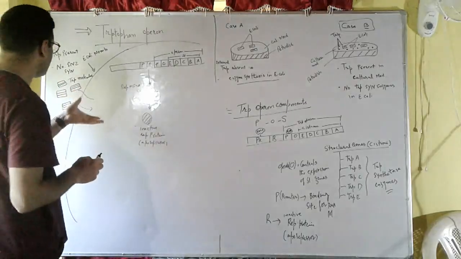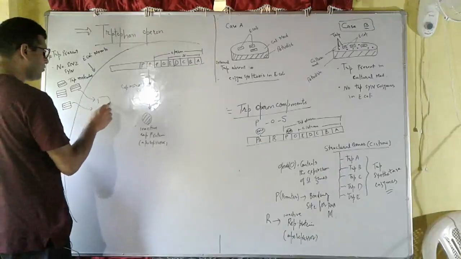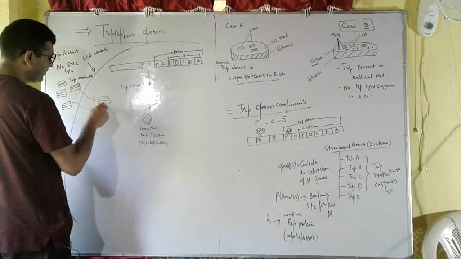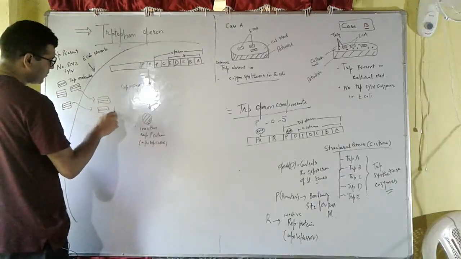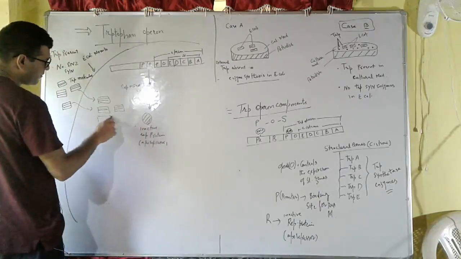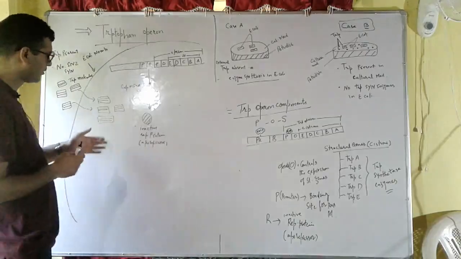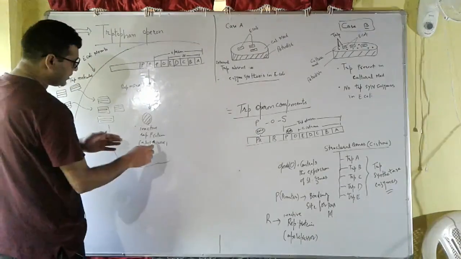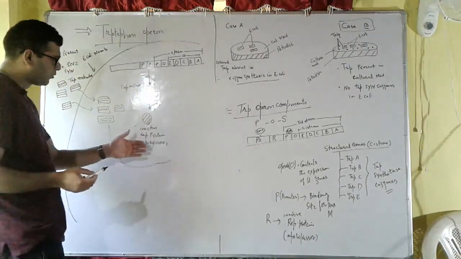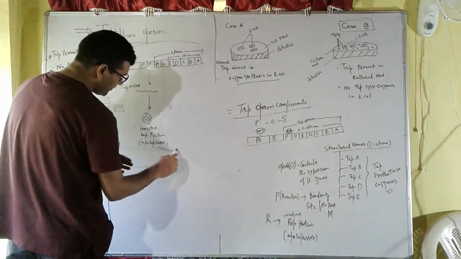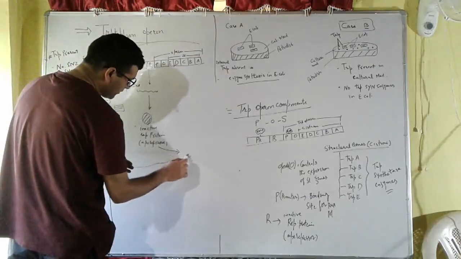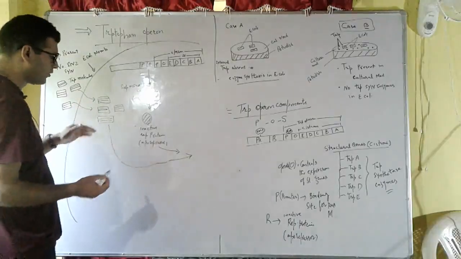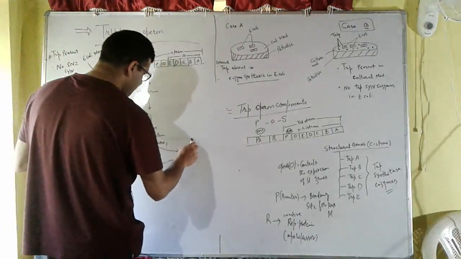Now you have added tryptophan molecules in the external medium. These tryptophan molecules and this inactive repressor protein will form a complex. So it would be like this.